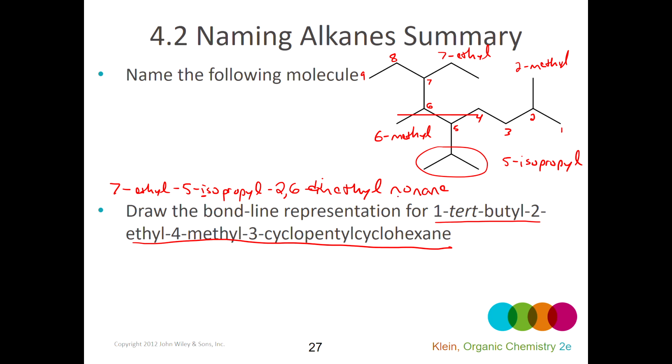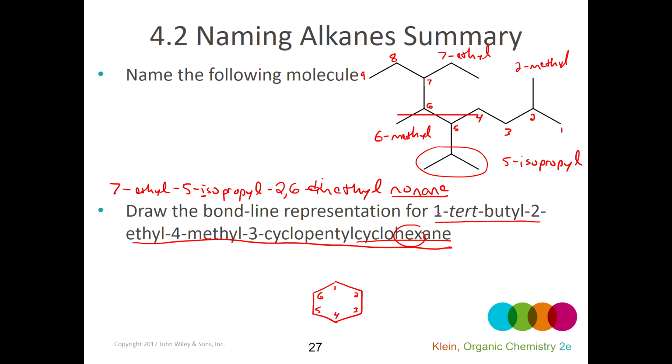We put the parent chain last in the name, so I look there first. So cyclohexane is my parent. So I start by making a 6-membered ring. Hex means 6. Cyclo means those 6 carbons are connected in a ring. And then I just look at my substituents one by one and put them on.